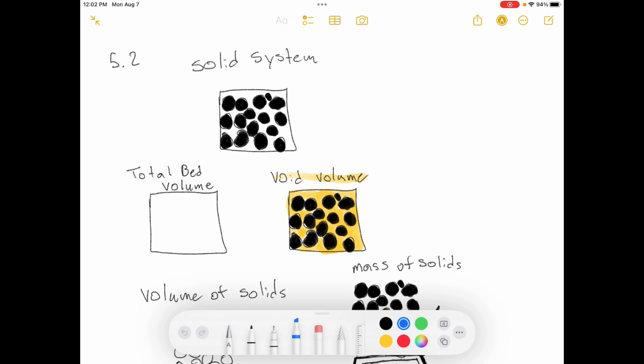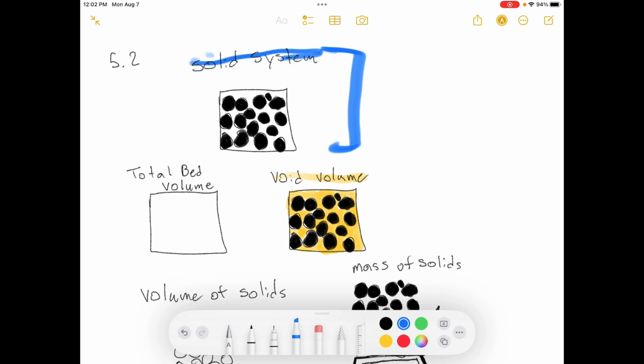Calculate the porosity of the dry particle bed, the bulk density of the ore in this bed, and the absolute density of the ore. I have drawn out pictures of each one of these systems so that you can tell what they're talking about, because sometimes it can be hard to take the words and put them into picture form.